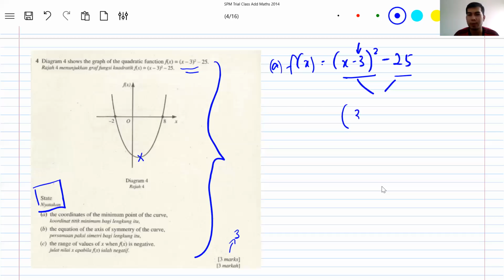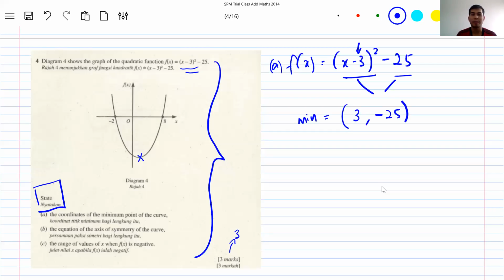So that's 3. If it's positive, then the point will be negative 3. It's just the opposite. That's the x coordinate, and the y coordinate is just the constant as is. And there you have it. This is your minimum point.